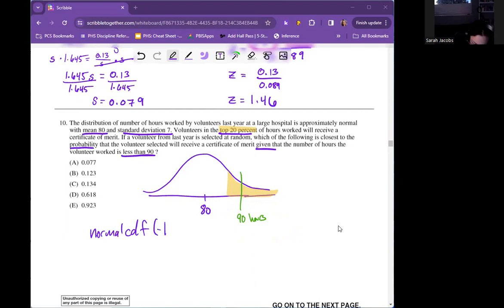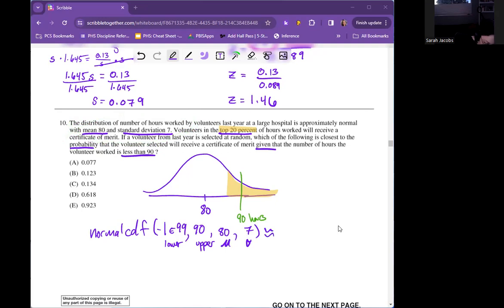For the lower bound, I'm going to leave it at -1 times 10 to the 99th again. For the upper bound, I'm going to put it at 90. Mean and standard deviation are going to be 80 and 7 respectively, just from the problem.